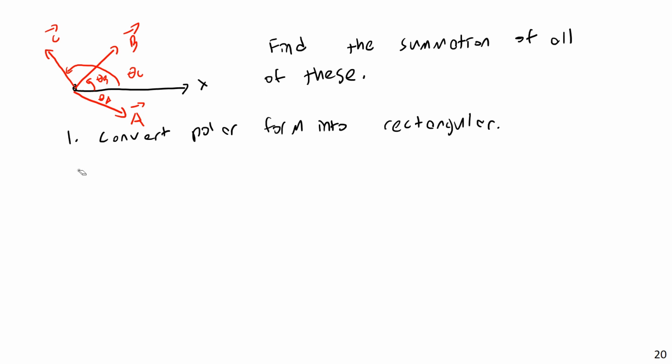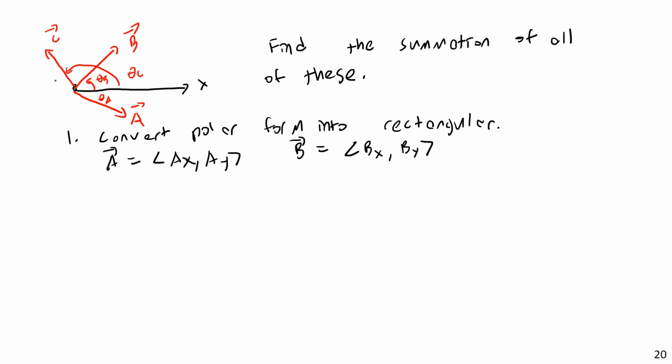So basically I will then have vector A equal to Ax, comma Ay. I will have vector B equal to Bx, comma By. And I'll use my sines and cosines appropriately to do this.